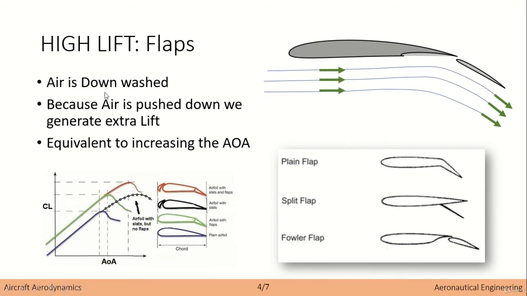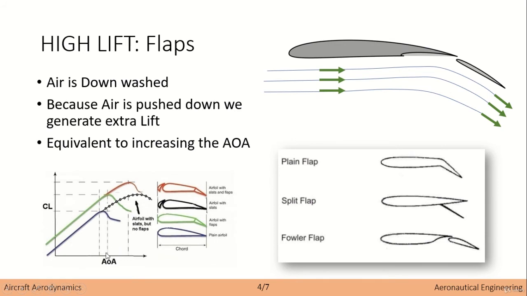There is some kind of downwash because we have the extension of this part of the wing. So even at zero angle of attack, the air will come and still go down. There will be a change in the direction of the air even at zero angle of attack.